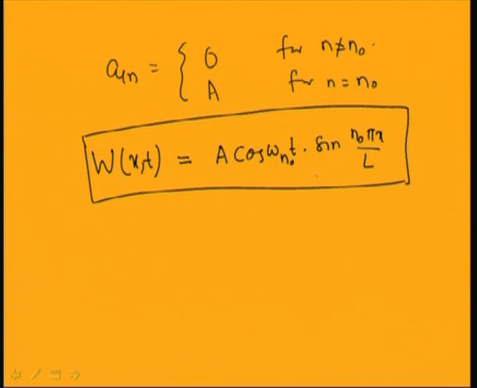When we start with a particular mode, or the initial condition is such that it is vibrating near a particular mode, that mode will be dominant and other modes will not be so dominant. So the resulting vibration will contain that mode, and similarly you can find for other cases.